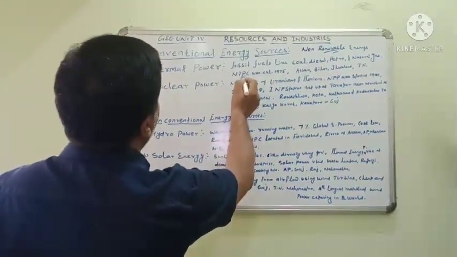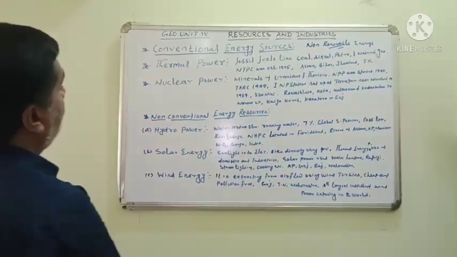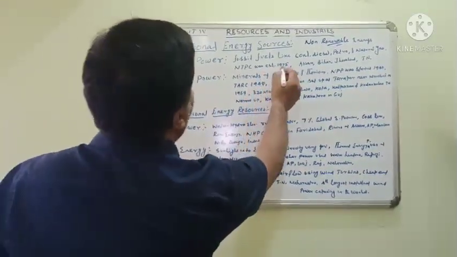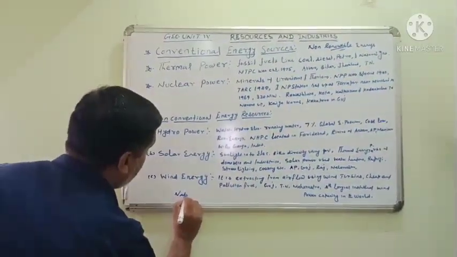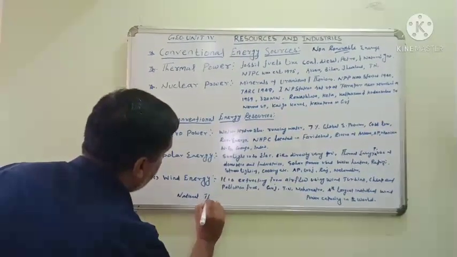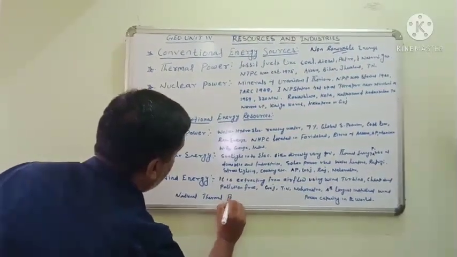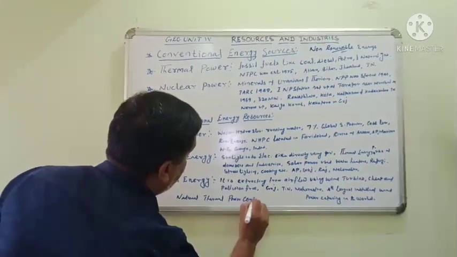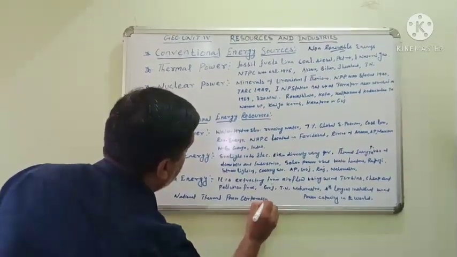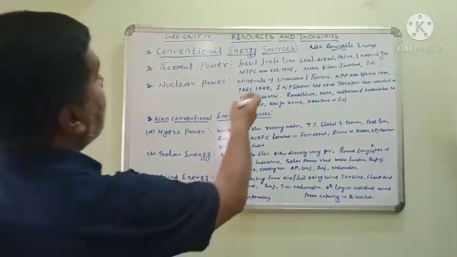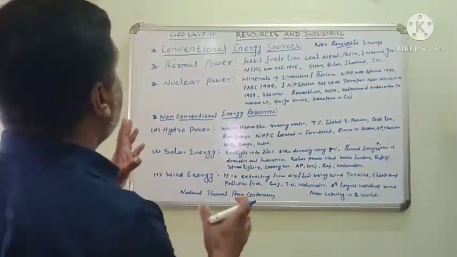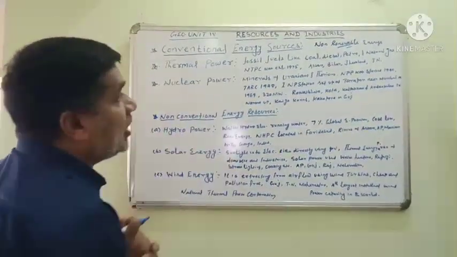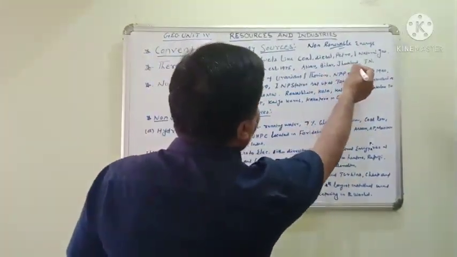The National Thermal Power Corporation was established in 1975. The main thermal power producing states in our country are Assam, Bihar, Jharkhand and Tamil Nadu.